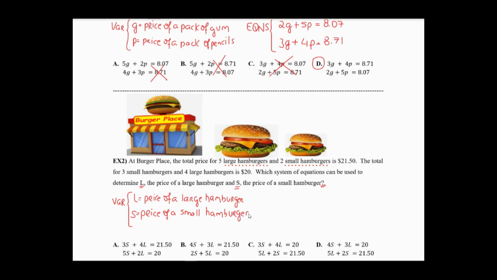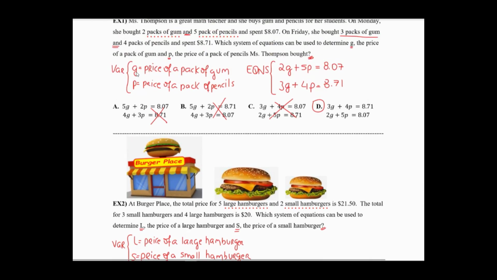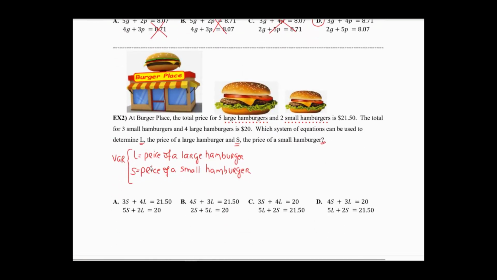So on the STAR test, a lot of times they're going to give you what the variables are going to be. So it's always important to identify what the variables are that they're going to use. Now, on these two examples, we're using the letters L for a large hamburger and S for small hamburger. And on the previous problems, we used G for gum and P for pencils. But know that sometimes they're going to use letters X and Y. I myself like to use letters that represent what we're referring to.